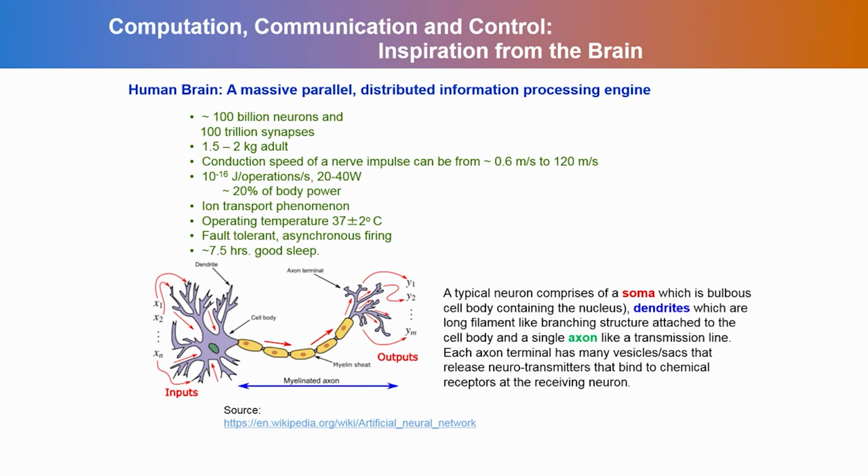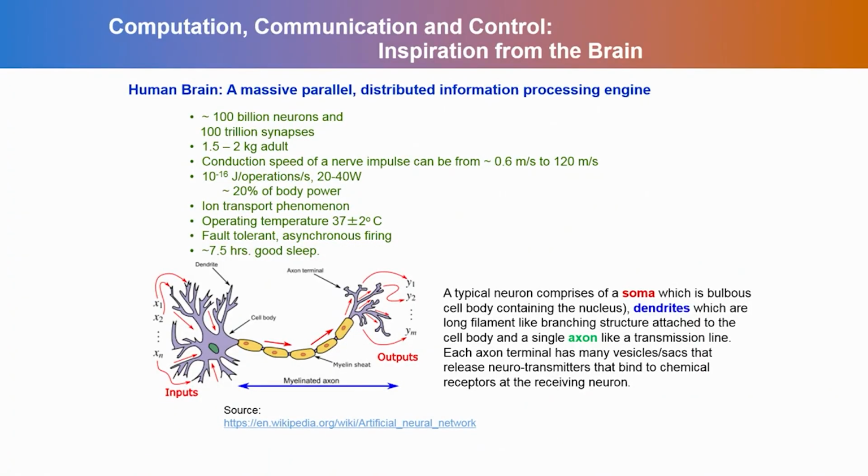The human brain has about 100 billion neurons and about 100 trillion synapses. The weight is about 1.5 to 2 kilograms in an adult human brain. The conduction speed of a nerve impulse can be from 0.6 meters per second to about 120 meters per second. It consumes 20% of the body power, and interestingly it is about 10 power minus 16 joules per operation per second. That is the kind of wattage of power it takes.